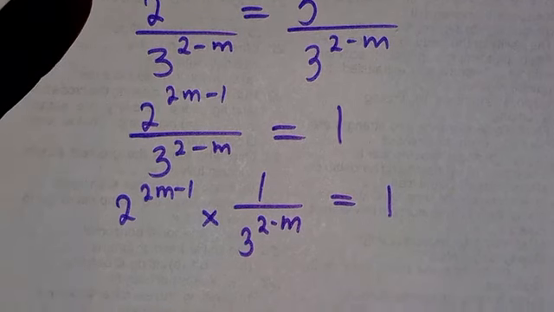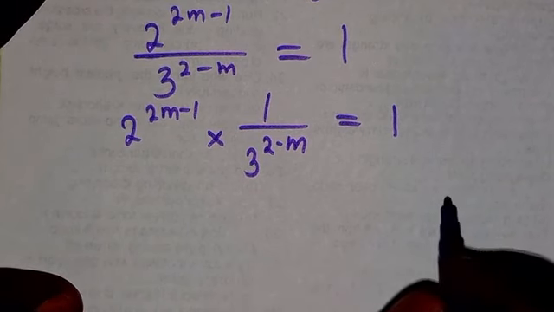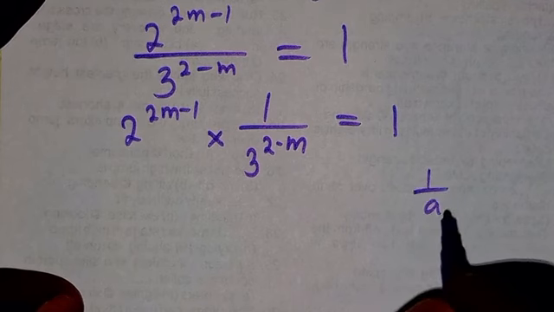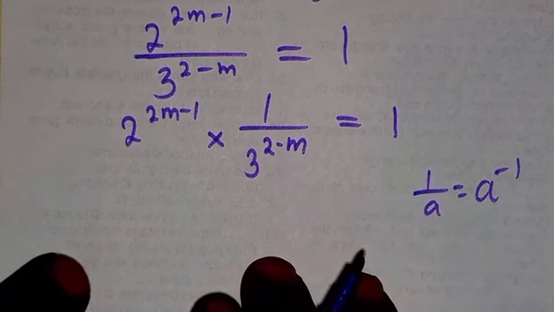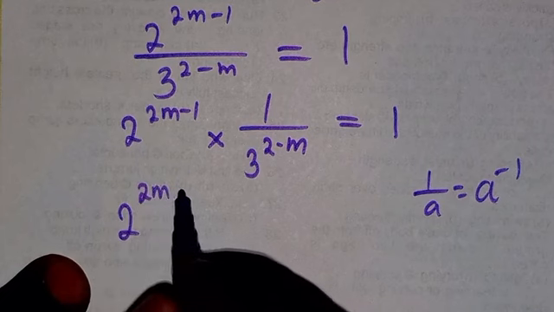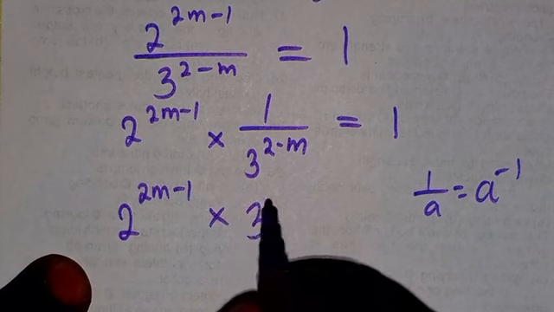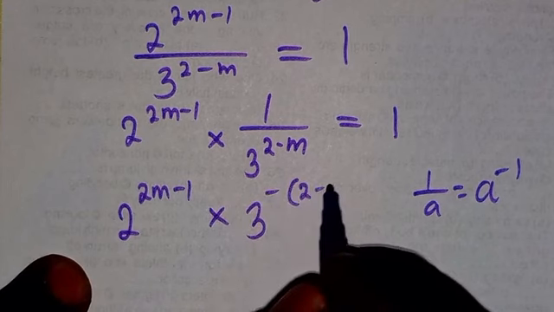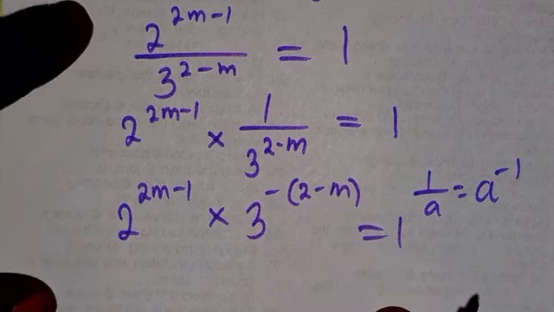Are you following? So now, if you remember, when you have 1 over a, this can be a to the power minus 1. That is from the law of indices. So same thing here, I can have 2 to the power 2m minus 1, multiplied by 3 to the power minus (2 minus m), then equals 1. Are you following?